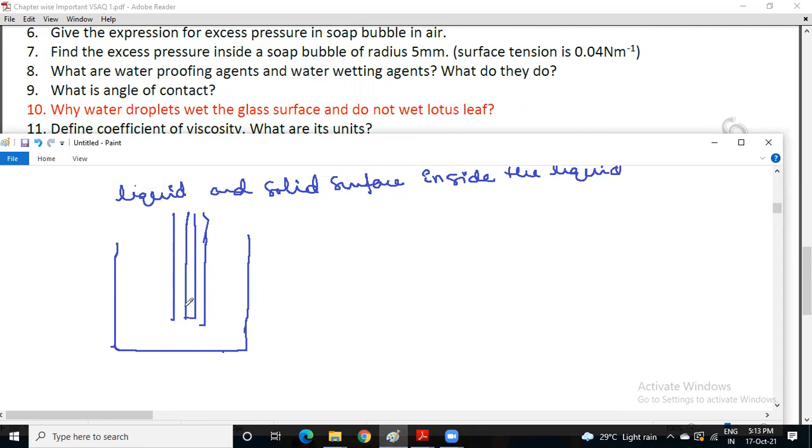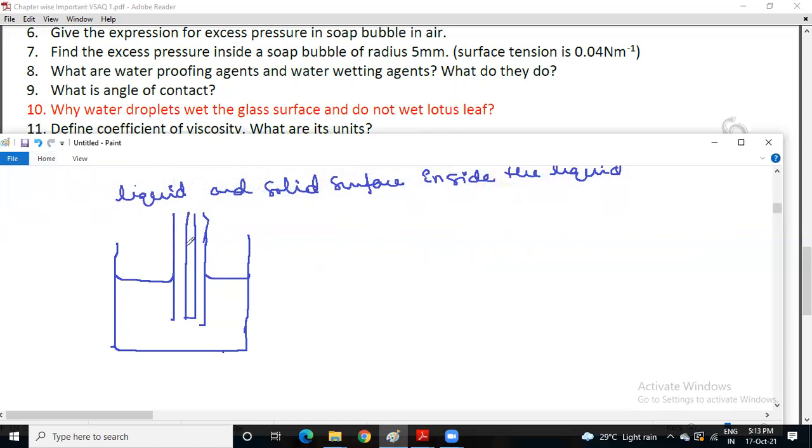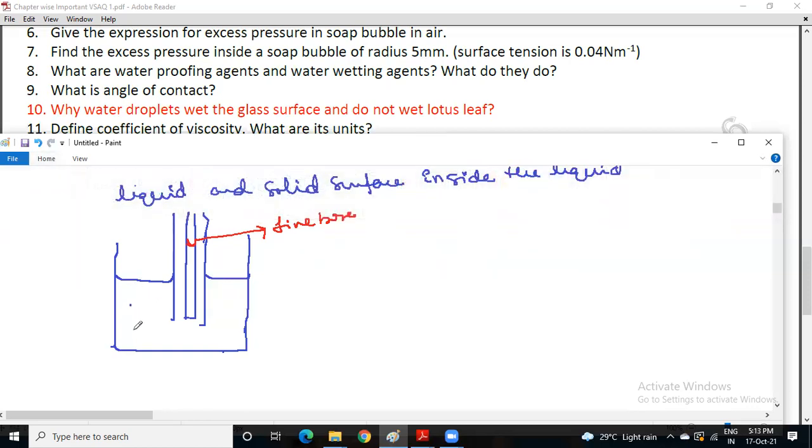As and when this is dipped in water, you cannot see with the naked eye, but if it is seen under microscope, this will be the appearance. This is a fine bore. Even here also the surface will be concave upwards. Now, as I said, if water is filled here, this is all water.